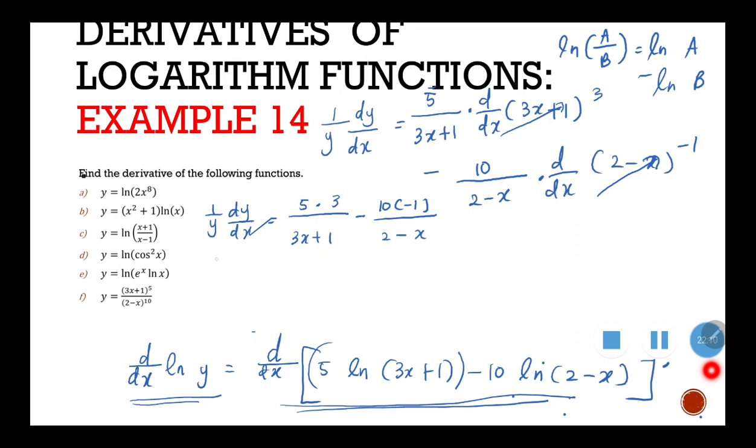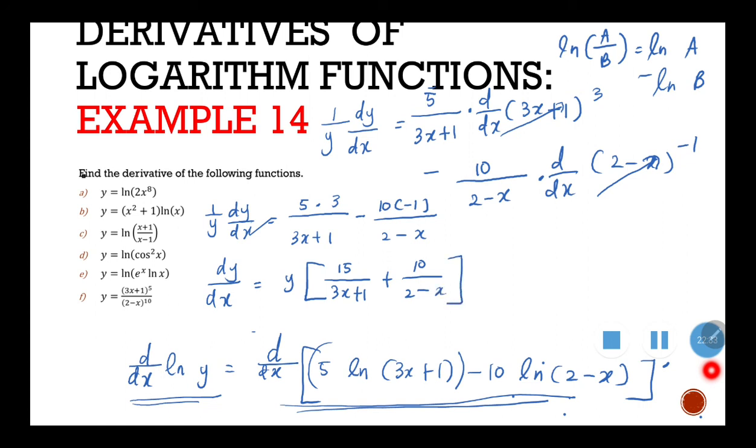So this equation can be rearranged like this: y times (15 over 3x plus 1 plus 10 over 2 minus x).